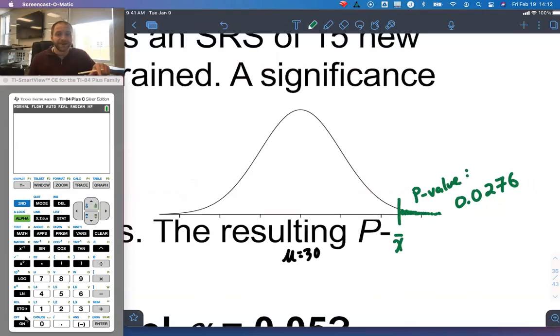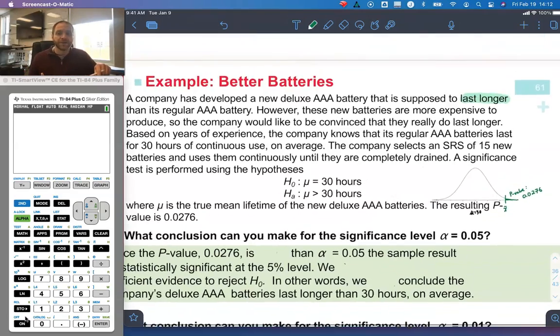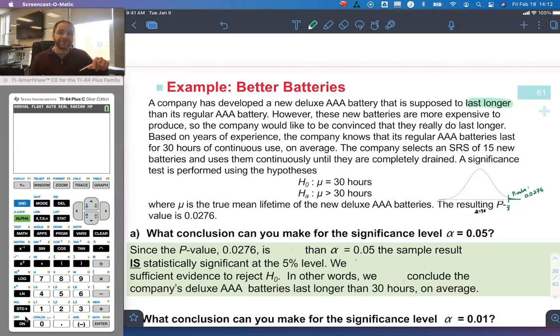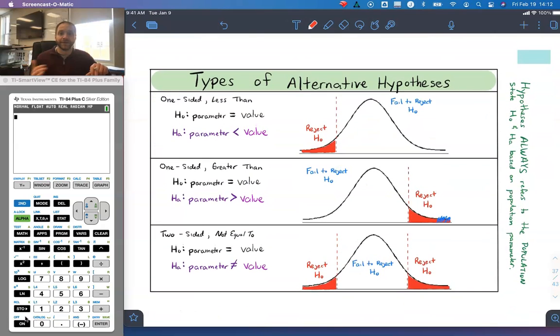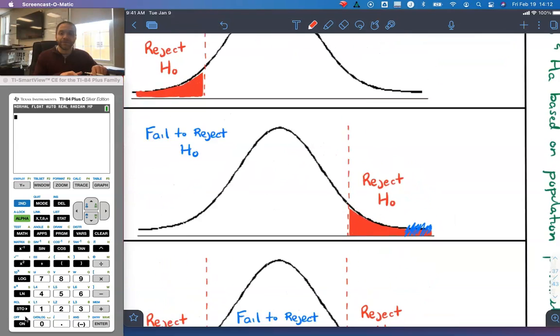Now let's read the rest of the problem. So what conclusion can we make at the alpha, the rejection level, significance level, of 0.05? So think about this based off what we did before. Here are the three types of hypotheses and tails we could have. This one looks like it is a right-tailed one.